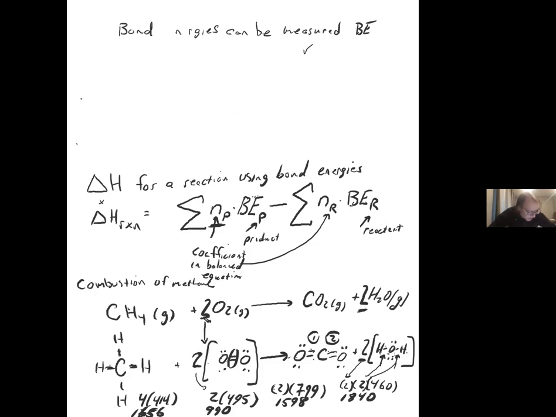Okay, so what I'm going to do is take products. Oops. It's reactants minus products, sorry. Typically when we do changes, we do products, final minus initial, but there's a reason why we do reactants minus products here.